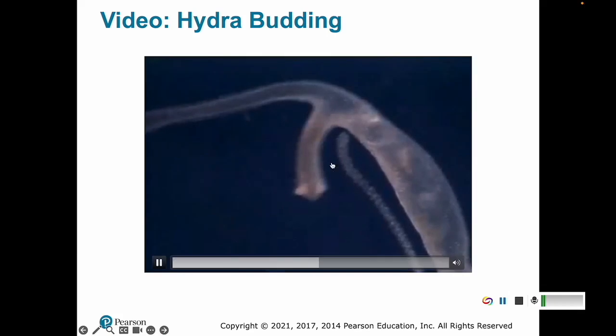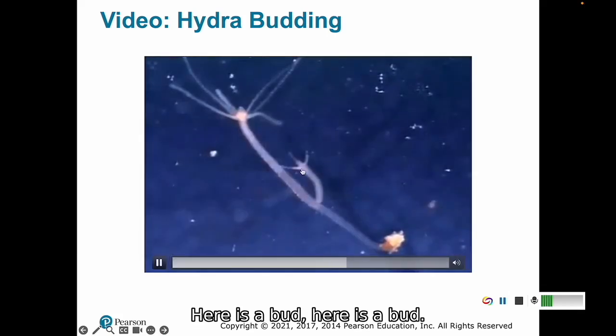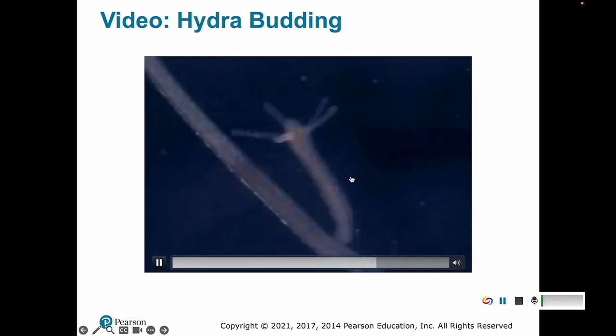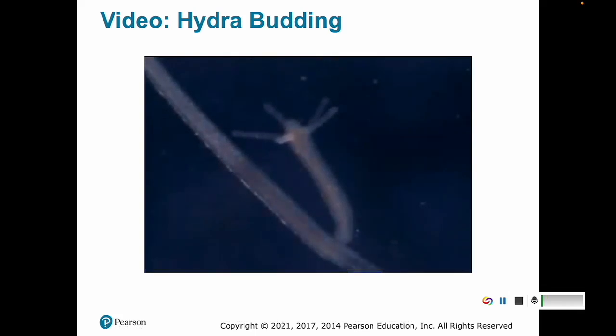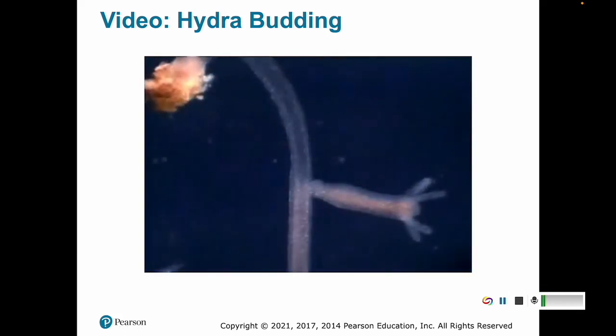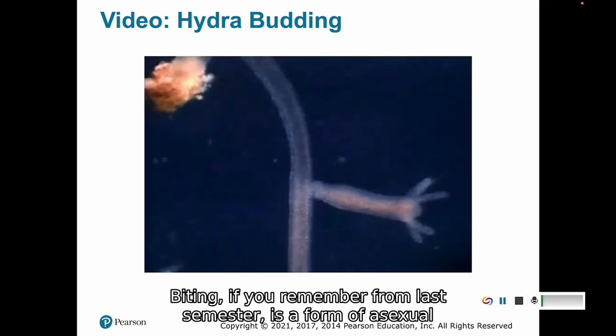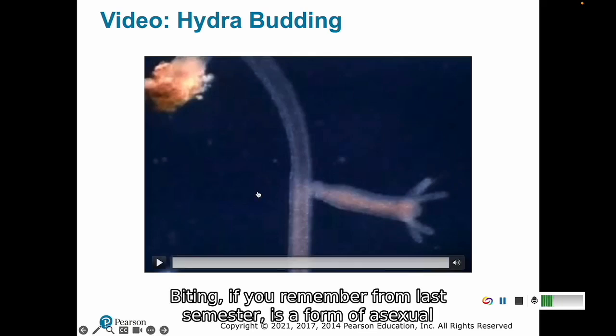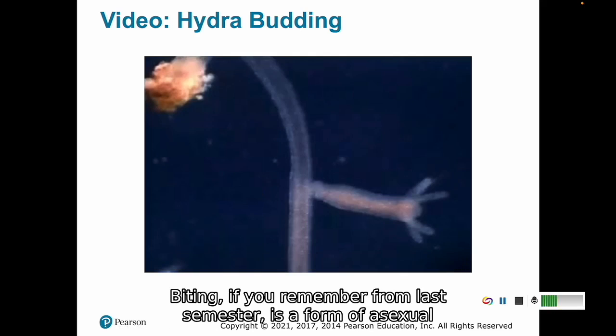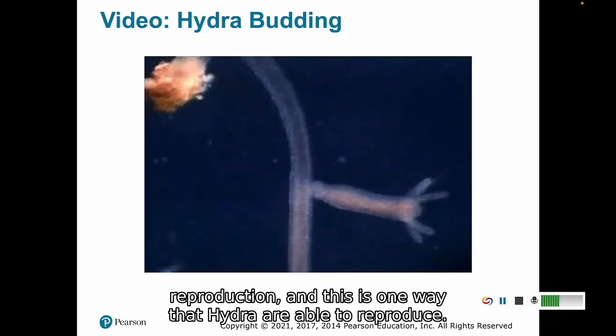So here is a bud. Budding, if you remember from last semester, is a form of asexual reproduction, and this is one way that hydra are able to reproduce.